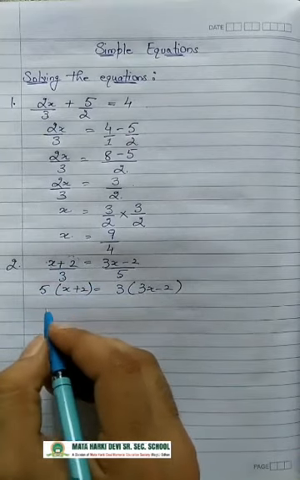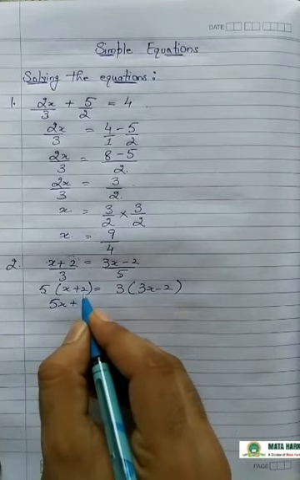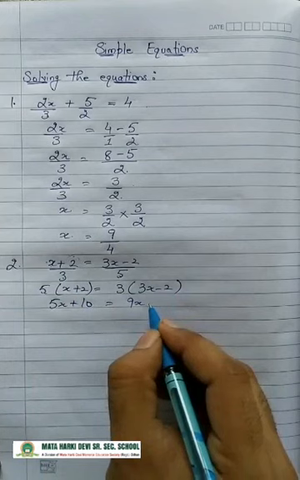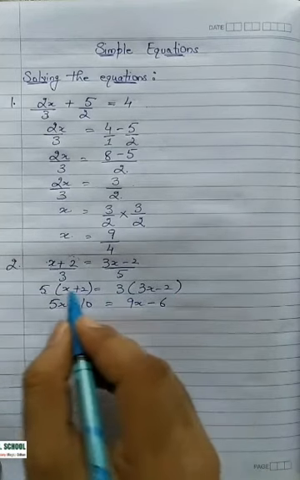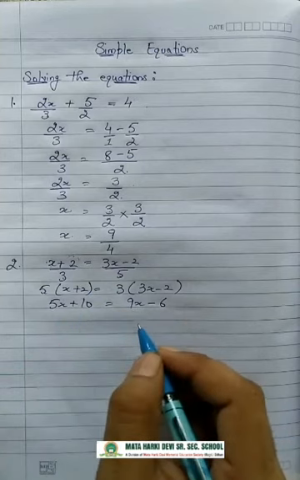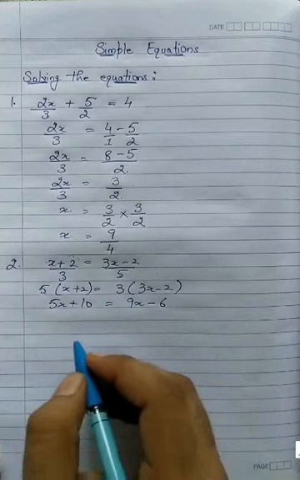So solve the brackets. 5x plus 5 into 2, 10. 3 threes are 9x, 3 twos are 6, multiply with all. So combine the x terms on one side and the other numbers on the other side.